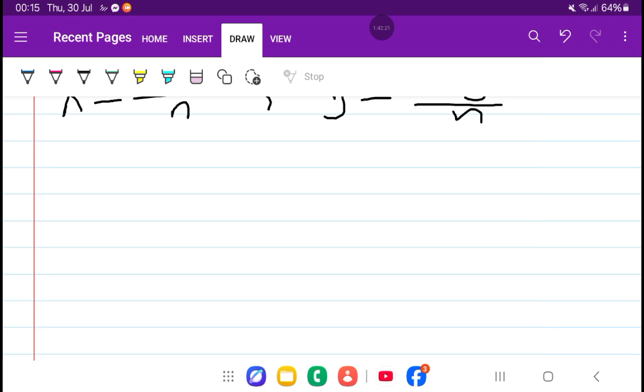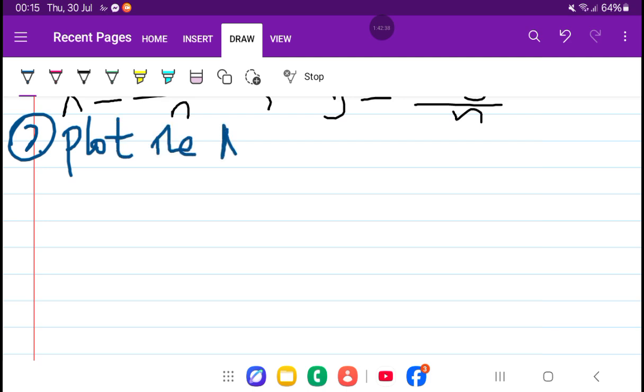Now, the second step is for us to plot the M. This capital M is the other mean. Let me just put X bar, comma Y bar. They are going to be read as if they are coordinates.